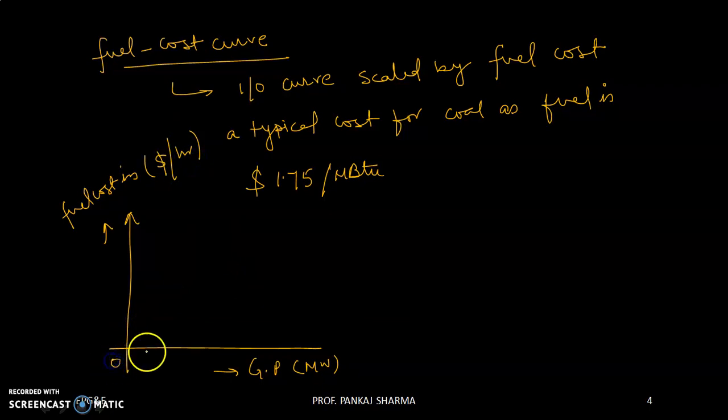Let this be the origin. If the curve is like this, it is not starting from zero. See this. The input output curve scaled by fuel cost is your fuel cost curve.